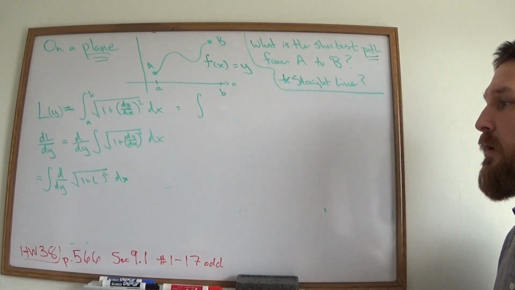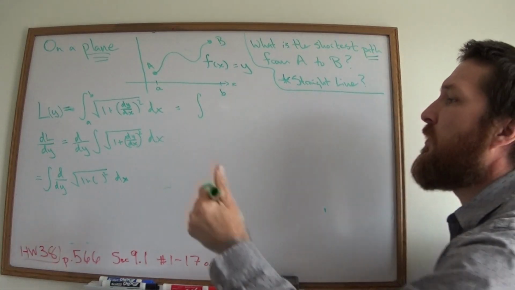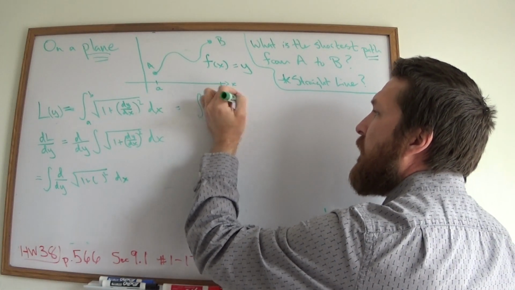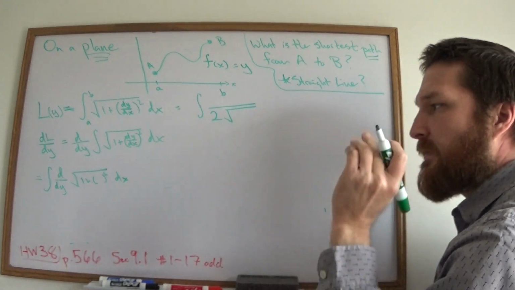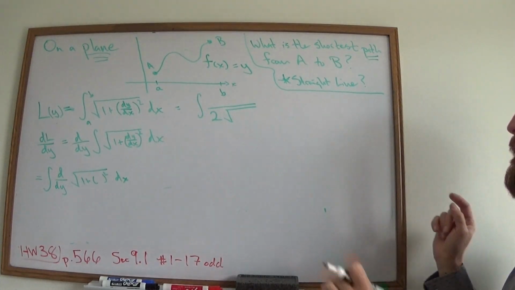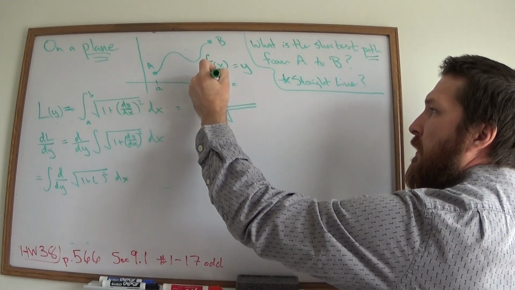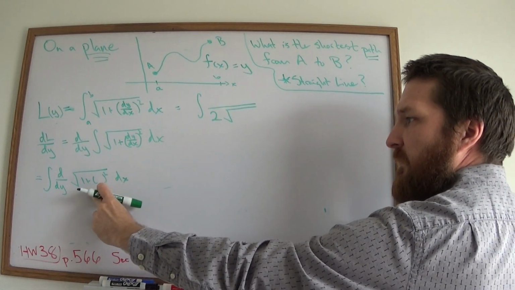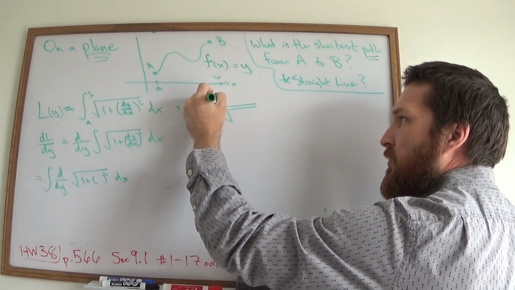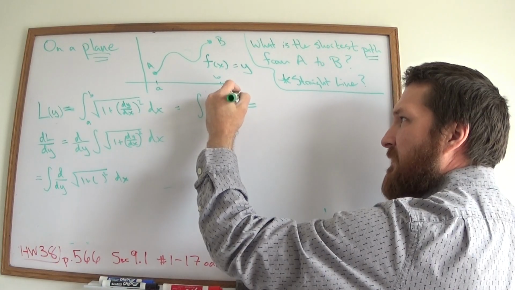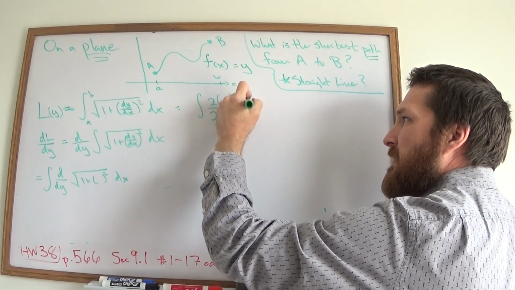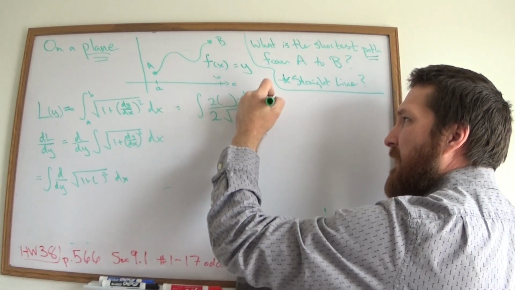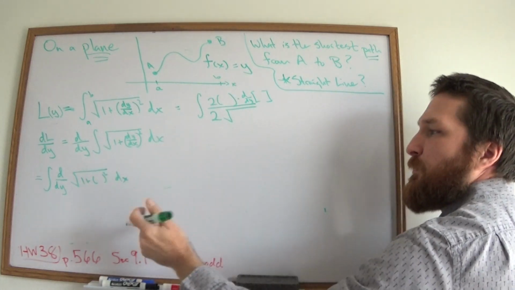Okay, so it's going to be the integral of 1 over 2 root stuff times the derivative of this, which is going to be 2 times that stuff times the derivative of the inside stuff. So d/dy of the inside stuff. So now let's put everything in there.